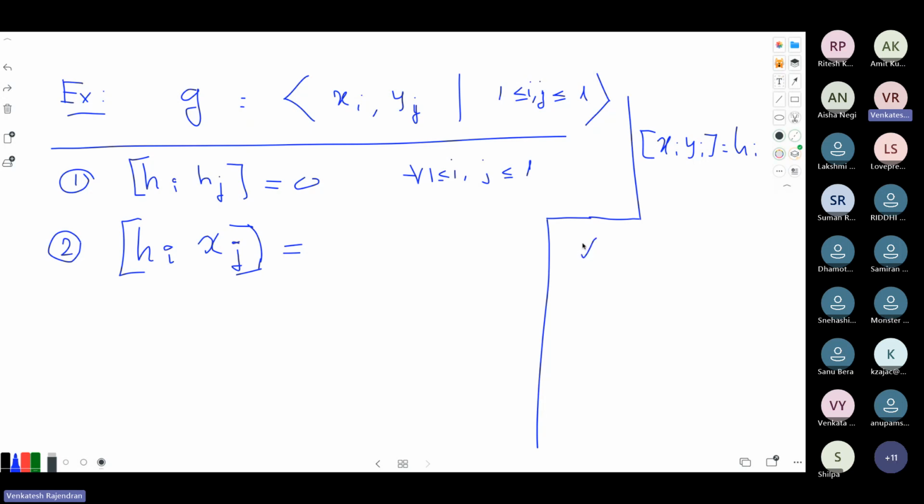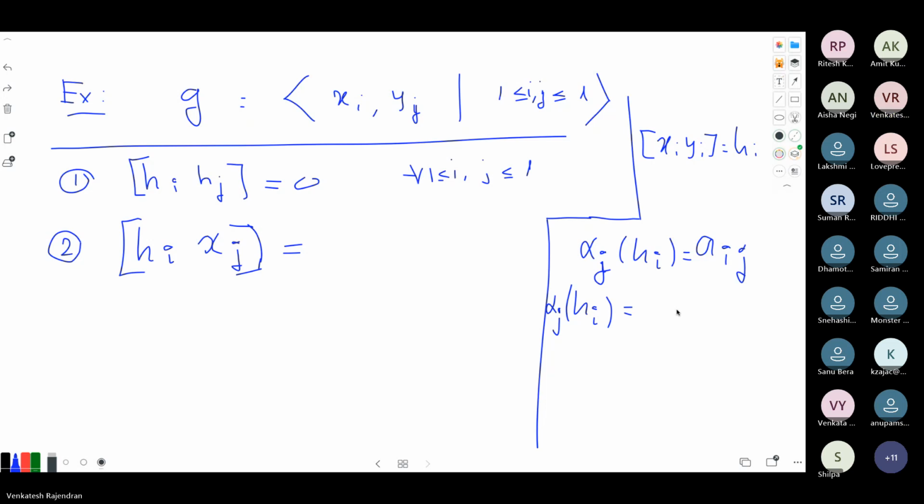So recall alpha_j of h_i is nothing but a_ij. So this is the notation. Recall alpha_j of h_i, because h_i is nothing but 2t_i divided by (alpha_i, alpha_i).